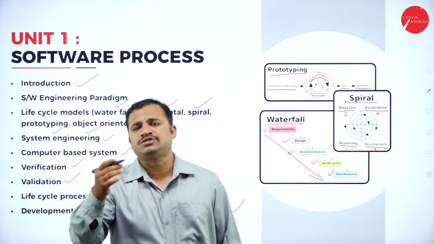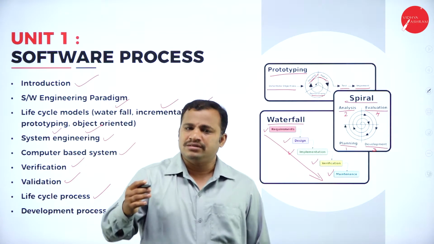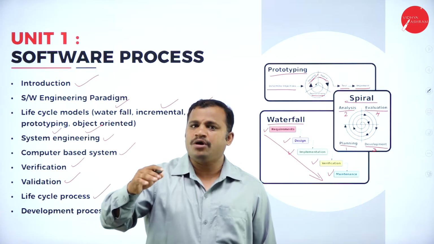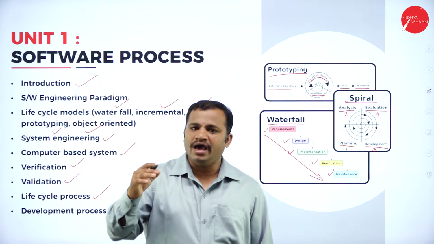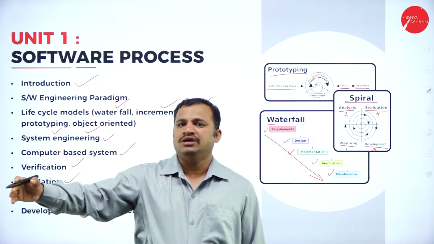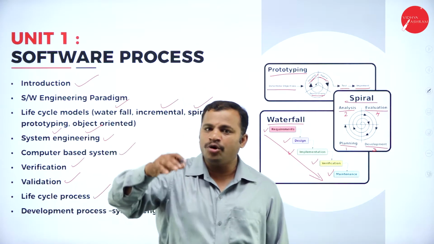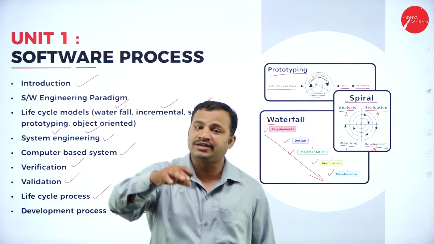What is the meaning of software process? The word process indicates that it is the type of development model that helps you to go through the different stages in which you are employing yourself or involving yourself in different activities.